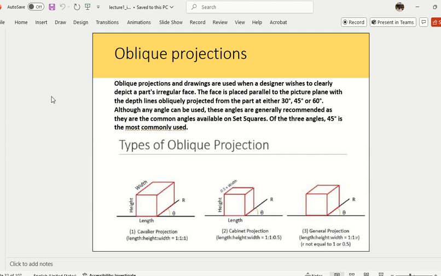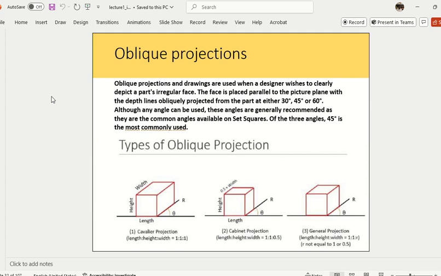Then we have three different types of oblique view. The first one, all dimensions are exact. This one, the third dimension is reduced. This one, the third dimension again reduced, in this one by half. In this one, the third dimension is reduced by any number.